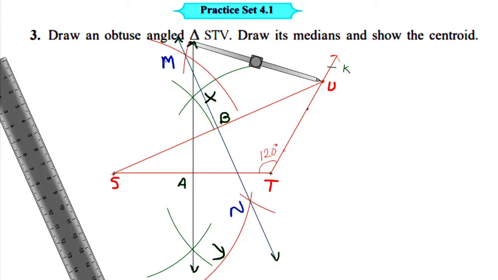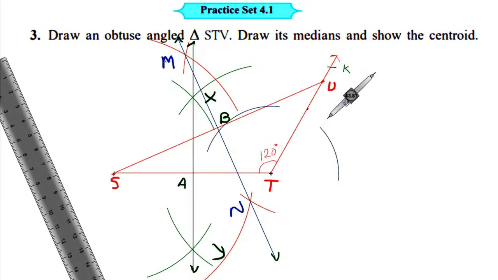Then find the midpoint of side TU. Again, repeat this process. Take sufficient distance, put the pointed tip on point T and draw an arc on both sides.